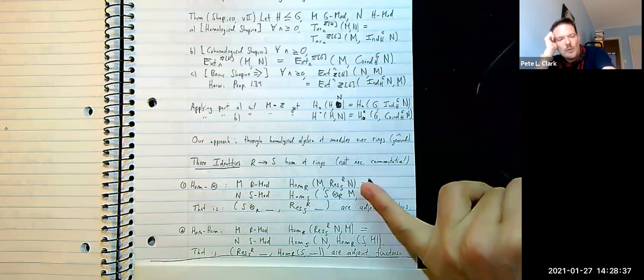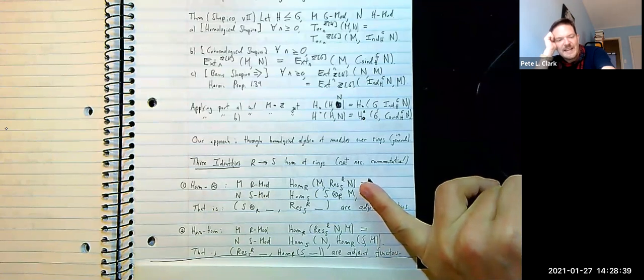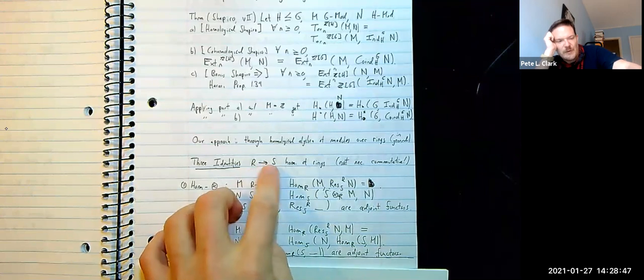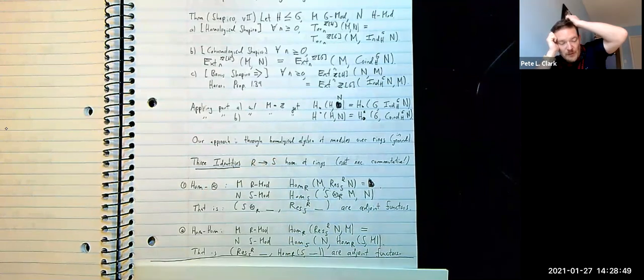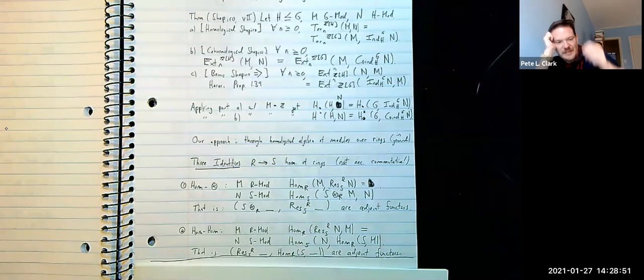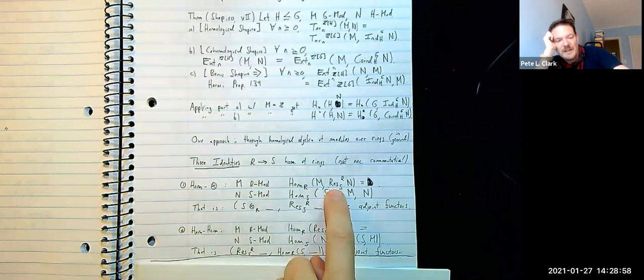So what is this res from S to R? Well, N is an S-module, but I really want an R-module. If I have an S-module and a homomorphism, I can pull back by that homomorphism and view it as an R-module. I've decided to be very heavy-handed: that very familiar pulling back of your S-module to be an R-module is a functor, so I'm calling it res.